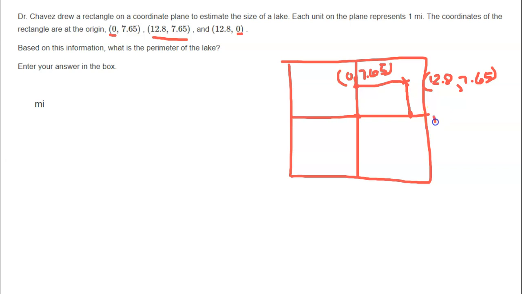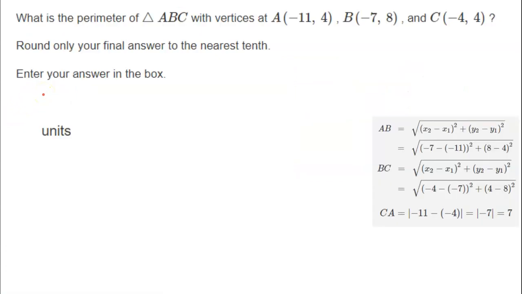And I have 12.8 and 0 here. So I can plug that information in and find my perimeter.